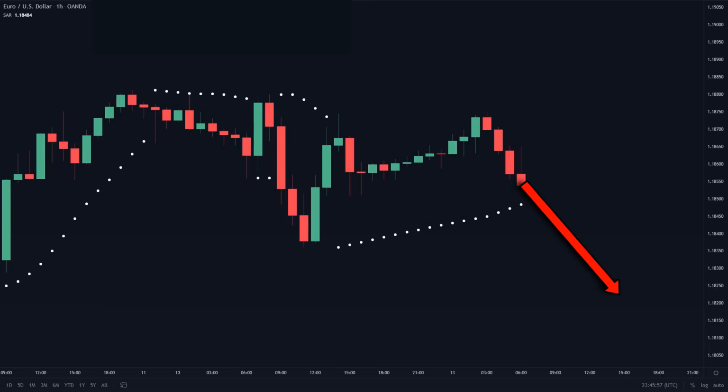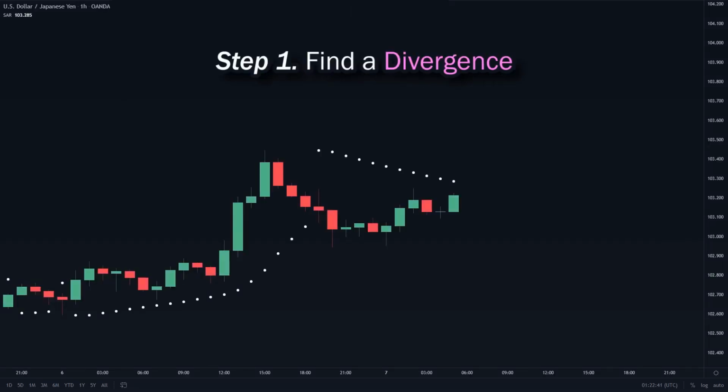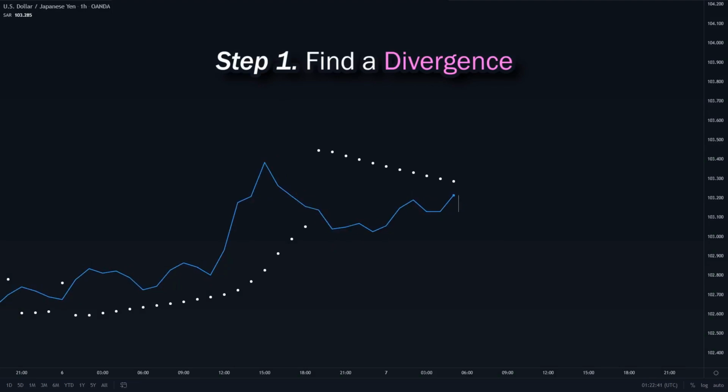So here's how the strategy works. The first step is you want to find a divergence, and to make it easier to find one, I like to change my chart type into a line chart. Next, you want to find instances where the Parabolic SAR is moving in the opposite direction of the price. Like in this example, here we can see that the Parabolic SAR is heading downwards, but the price is heading upwards instead.